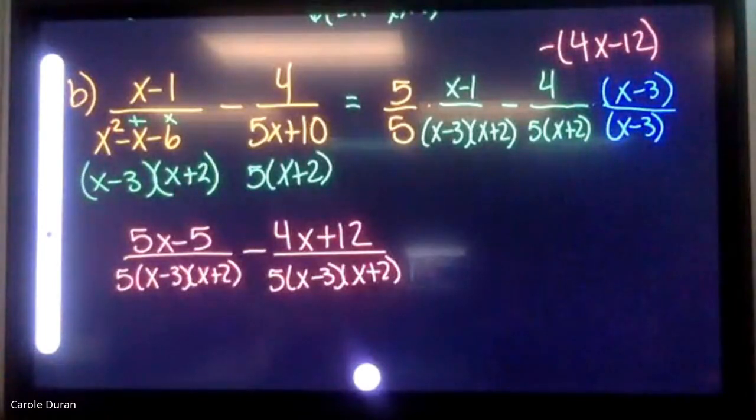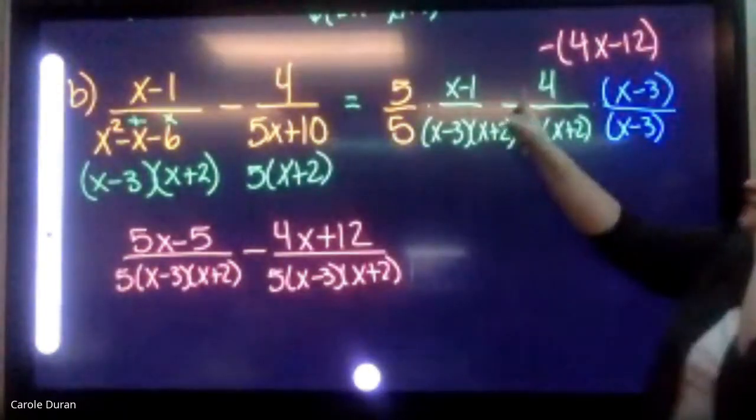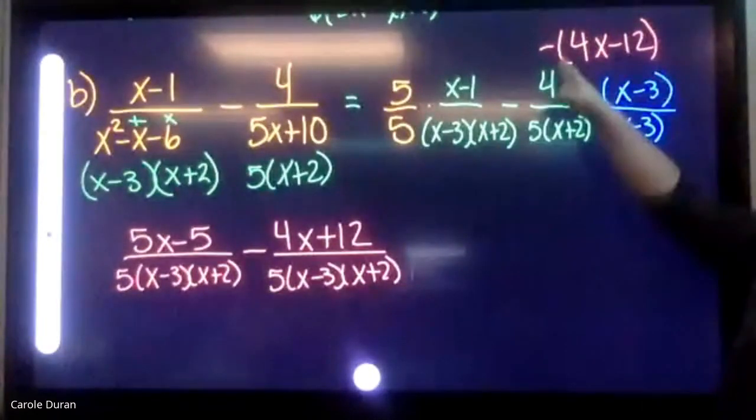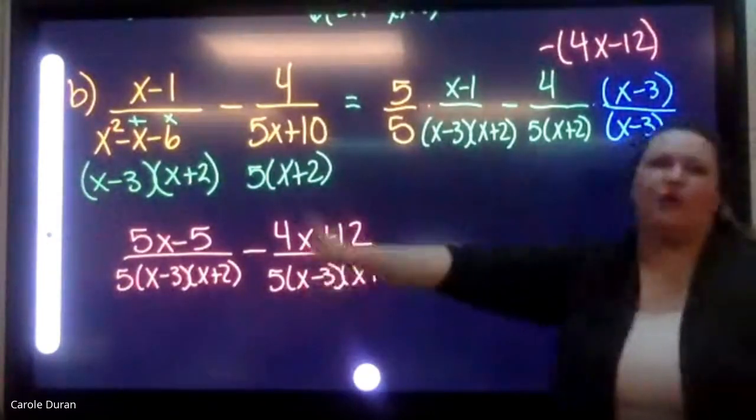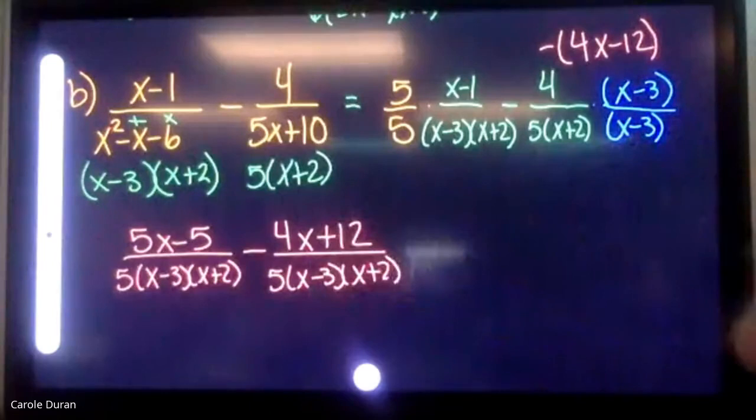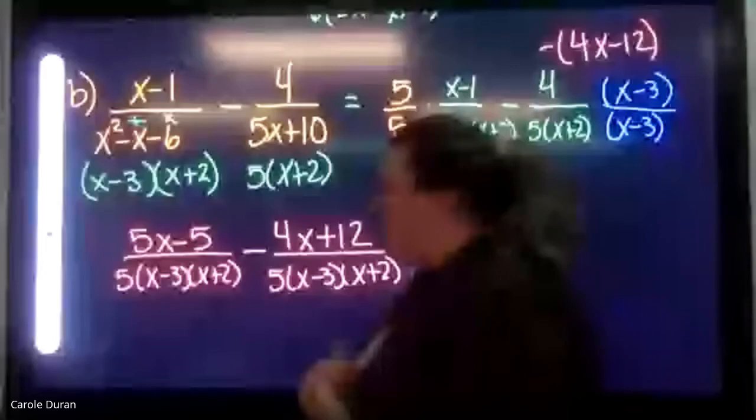That is another huge mistake I see happen all the time. This subtraction acts like a negative that has to distribute to the terms inside of that second term. So that's why it became minus 4x plus 12. Sorry, what? Yeah, technically it is minus 4x and then plus 12, but we just leave it as a subtraction, but it means the same thing. And now what can I do?